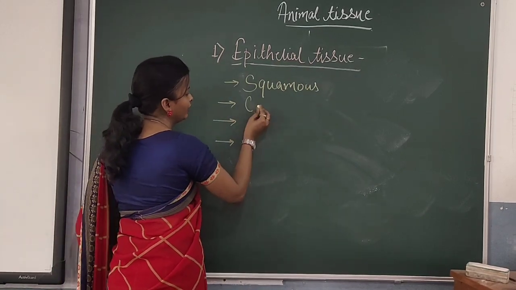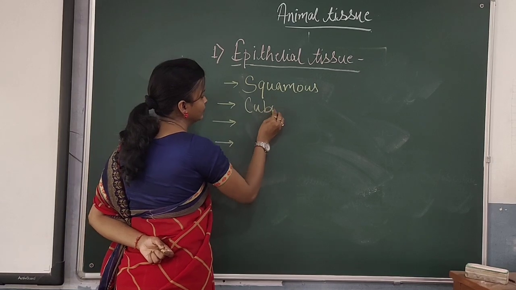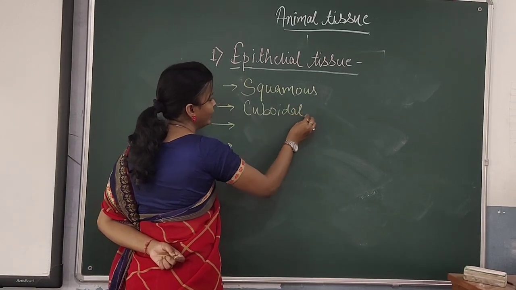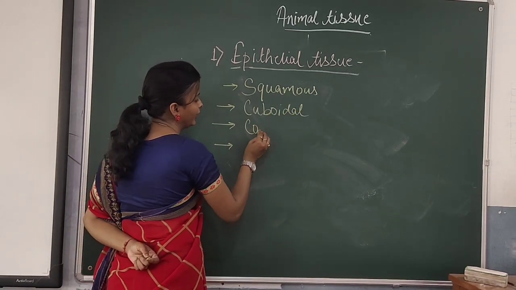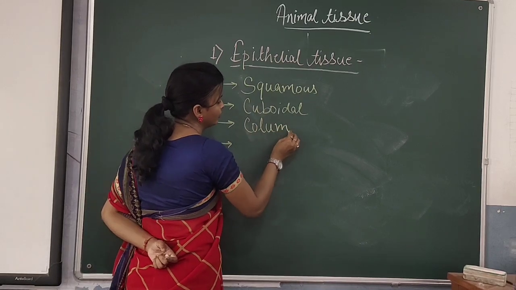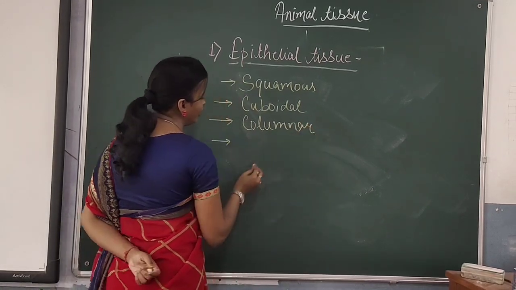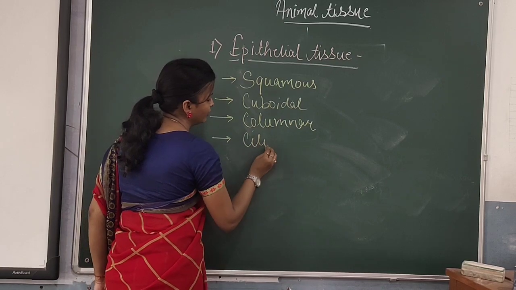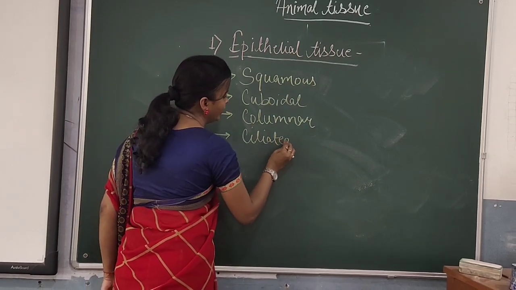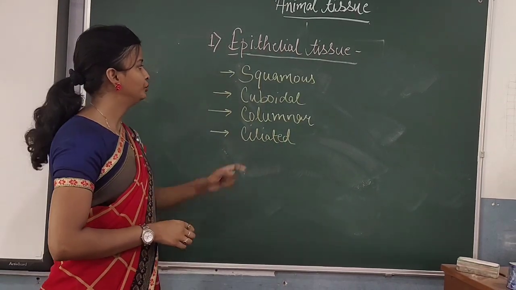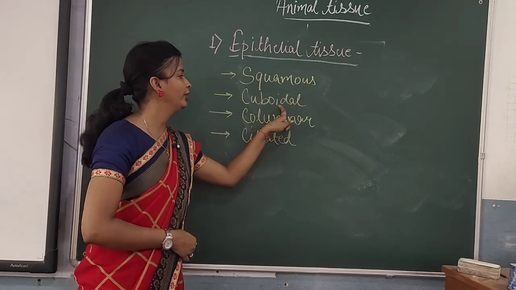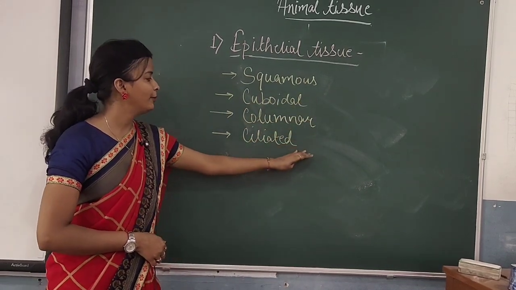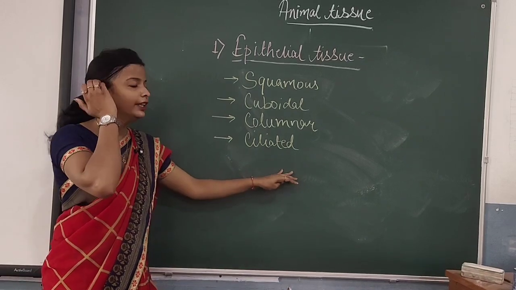Then the second one is cuboidal. Then the third one is columnar, and the last one is ciliated epithelial tissue. Squamous, cuboidal, columnar, and ciliated epithelial tissue.